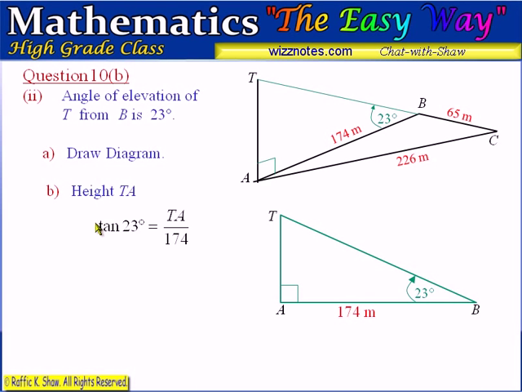And if we transpose the 174 here by multiplying both sides by 174, we end up with TA being equal to 174 multiplied by the tan of 23 degrees. And that works out to be 73.9 meters. And so the height of the lighthouse, TA, is 73.9 meters. And that's the answer for this part of the question.